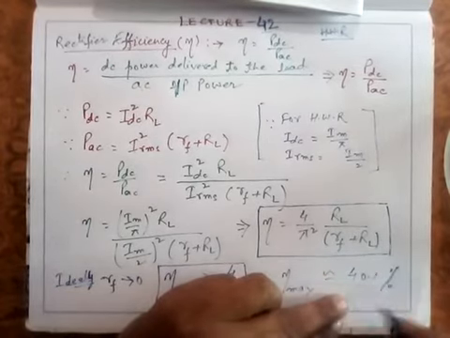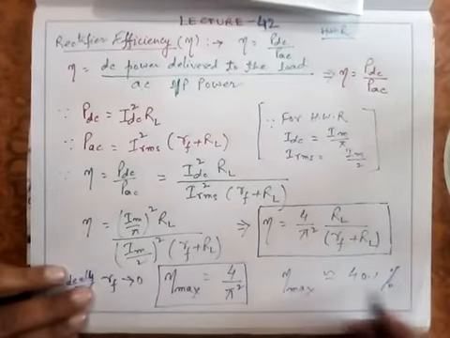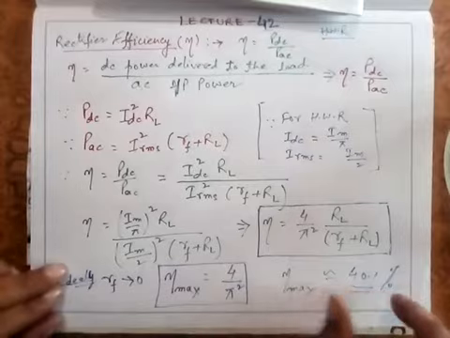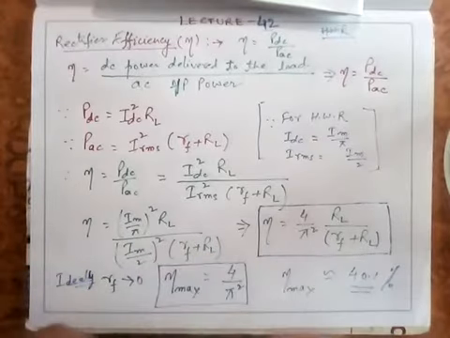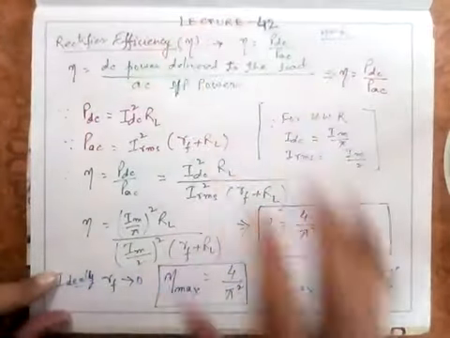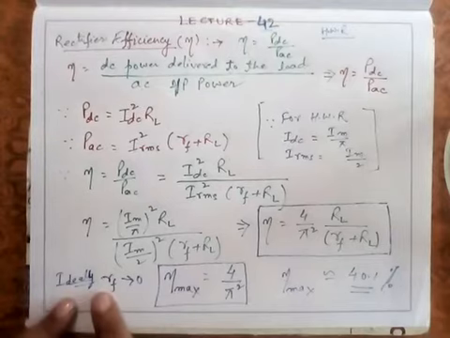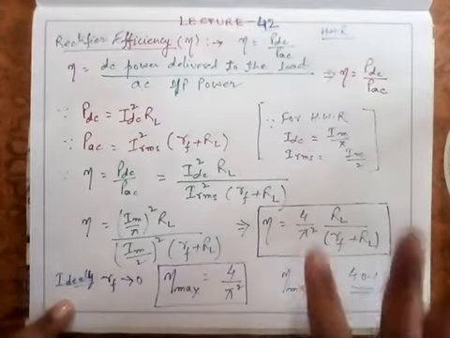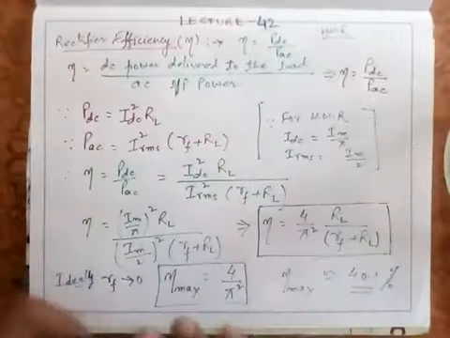Please cross check it. It is approximately 40 to 41%. This is one of the disadvantages of a half wave rectifier: the maximum efficiency is only 40%, meaning the rest 60% is wasted. So this is about the efficiency.